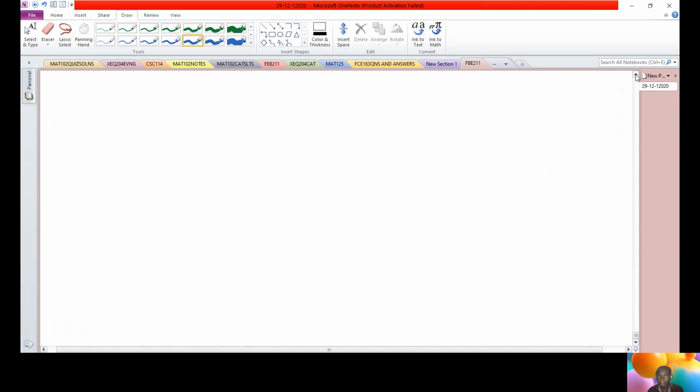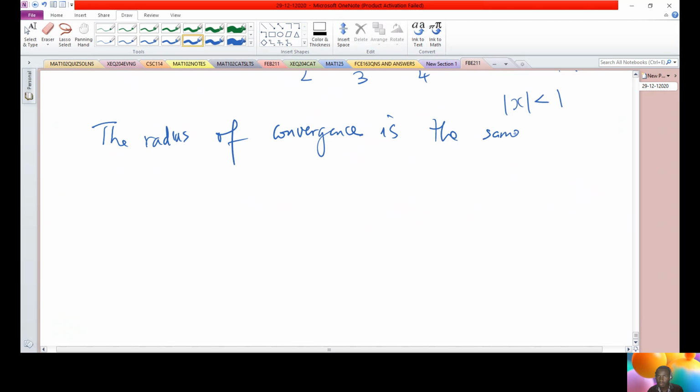So therefore, the radius of convergence is the same as for the original series, which is r equals 1.